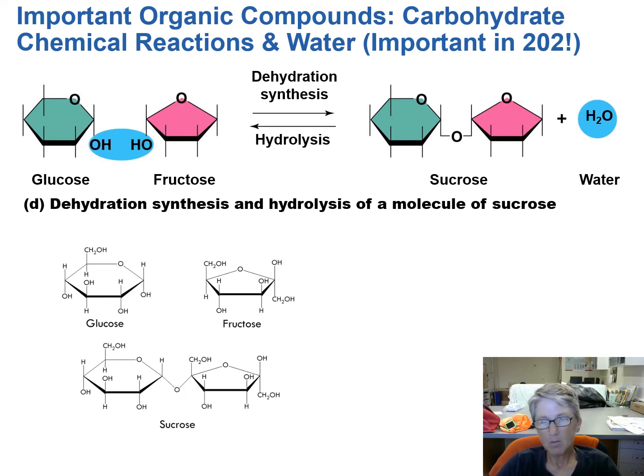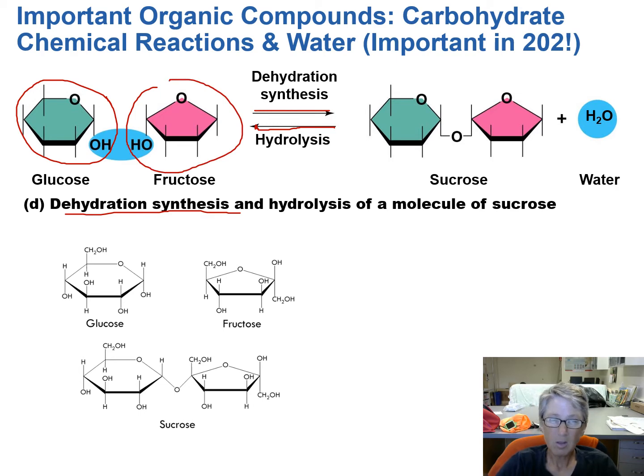We talked about these reactions in the previous video, but let's look at them again. This is a dehydration synthesis going from left to right, and a hydrolysis reaction going from right to left. So if you're doing a dehydration synthesis, you're taking these 2 monomers, glucose and fructose.